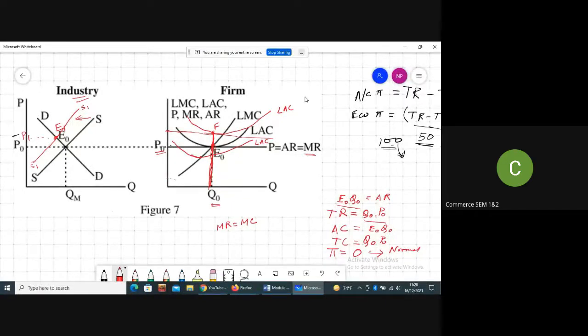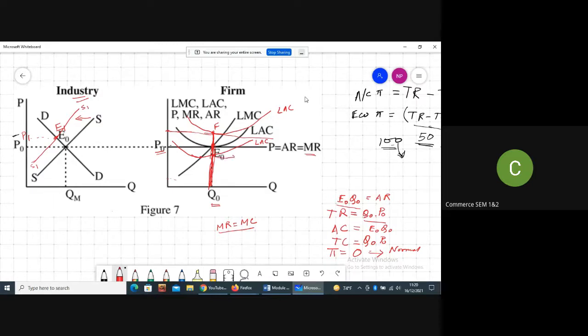Our equilibrium is still at point E0, where we have MR equal to MC. Now, at this equilibrium, the firm is producing Q0 amount of output. So per unit revenue, the firm is getting E0Q0 this much, and the firm's per unit cost we get from the LAC curve.